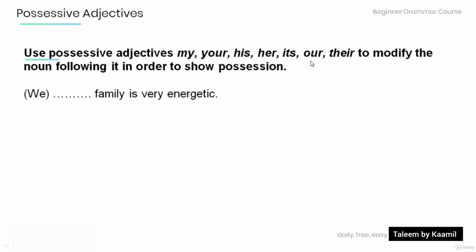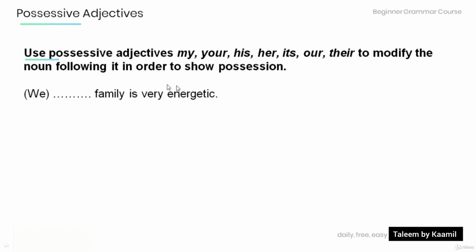Now let's review the use of possessive adjectives and practice a bit. Remember that we use possessive adjectives my, your, his, her, its, our, and their to modify the noun following it in order to show possession.